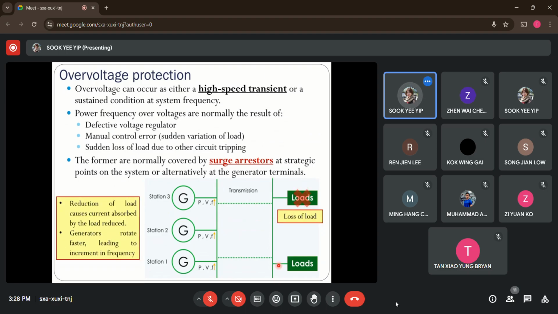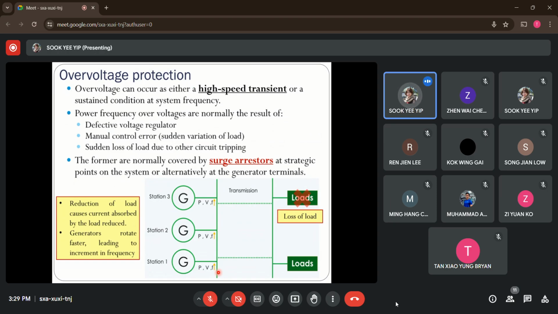Instead of two, I have only one load to be supplied. This causes the current absorbed by the load to reduce. As a result, these three generators can rotate much faster, leading to an increase in frequency. That's how overvoltage situations occur.